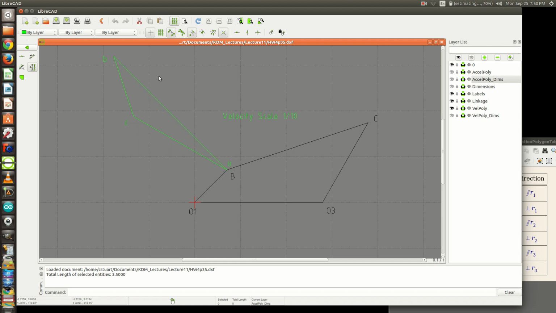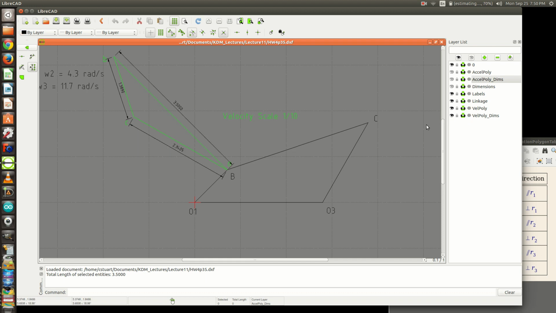It represents the velocity of C with respect to B. It is perpendicular to the line BC, which again is the coupler on the figure. It goes from point b, which we know because we have the length for OB, and where it intersects with oc defines the velocity of point C.